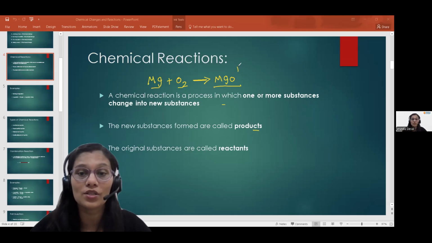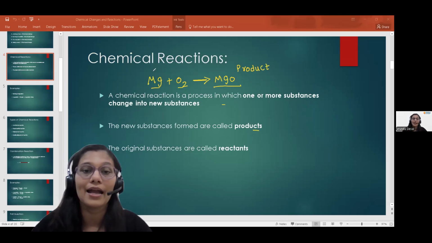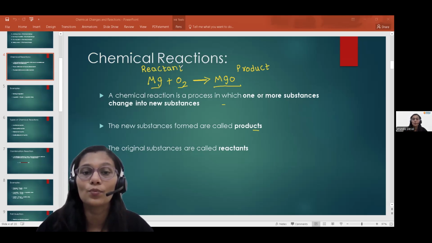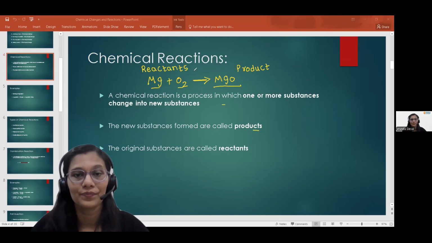The new substance which is formed is said to be the product, and the original substances which are reacting are said to be reactants.